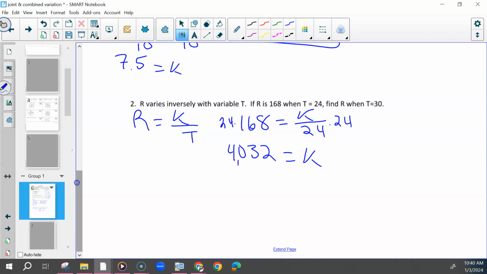So we have k. Now it's asking, find r when t equals 30. So back in our equation, we don't know r, so that's going to stay r. We know k, and now we know t. Divide that. Figure out what you get. 134.4.